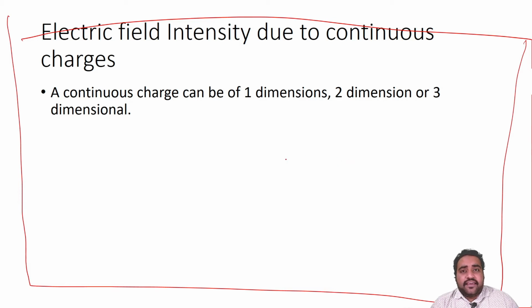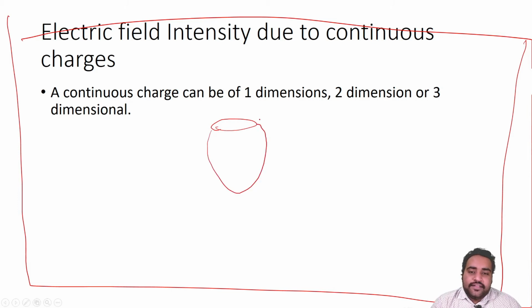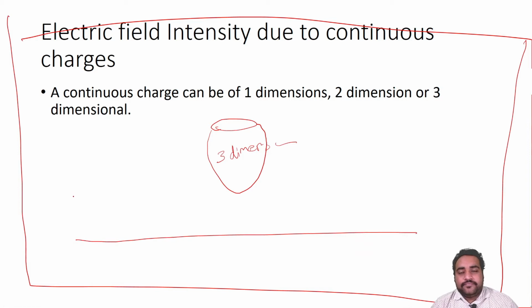Now, in another case, I told you that it may be inside a cup or cooler, right? You guys like drinking tea in a cup, right? Now, if it is a cup, it is a three-dimensional entity. Or it can be along a line. A line is a one-dimensional entity.